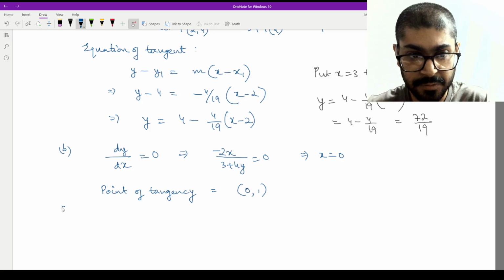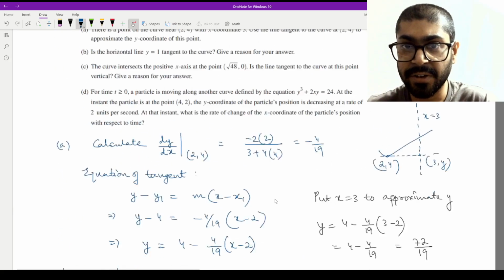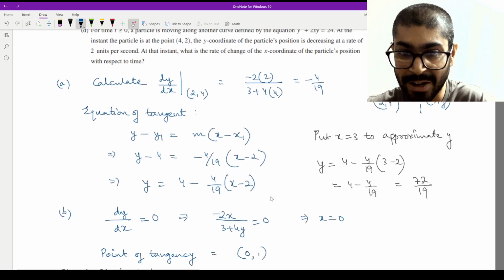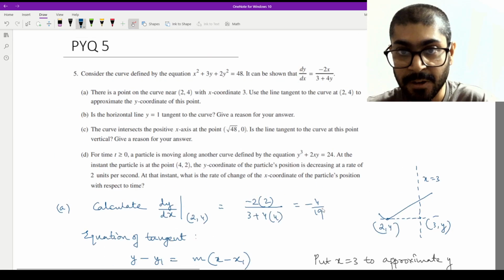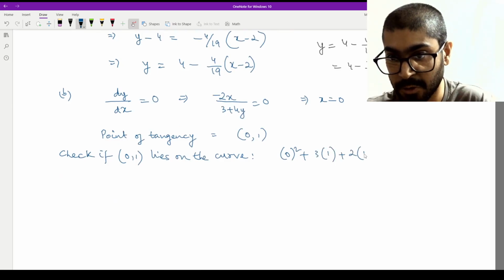So check. Now the curve given is x square plus 3y plus 2y square. It does not look like it will lie, right? So x square is 0 square plus 3y, which is 3 into 1, plus 2y square, so 2 into 1 square.